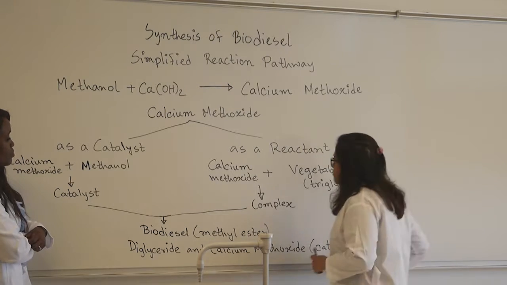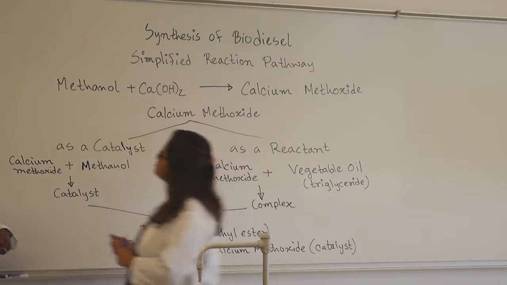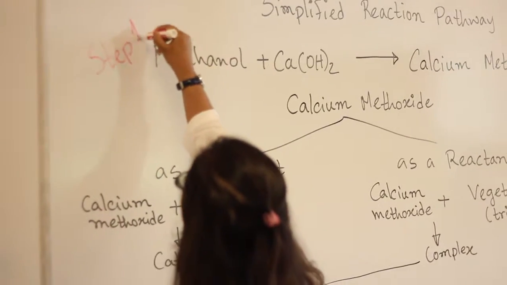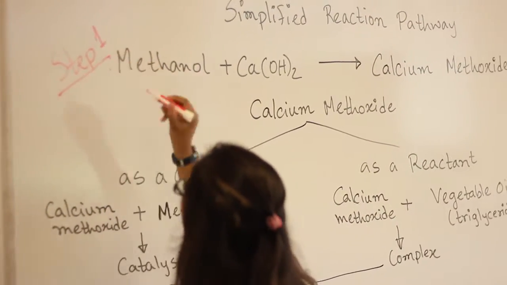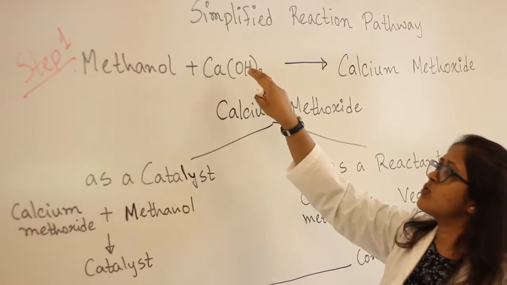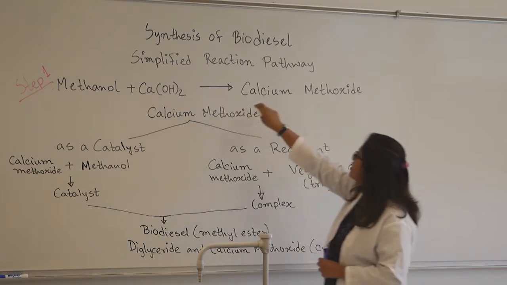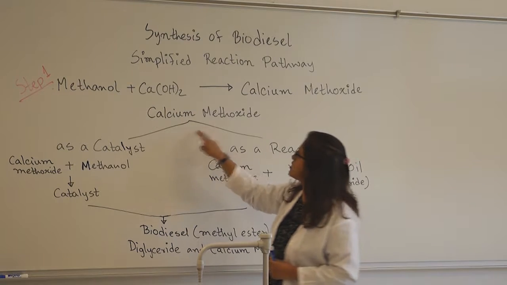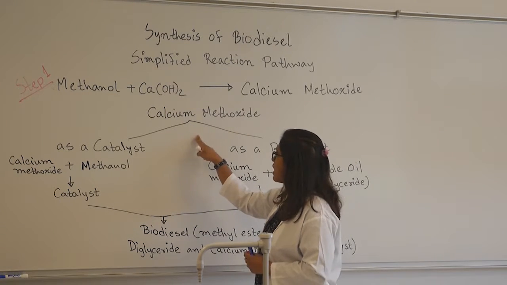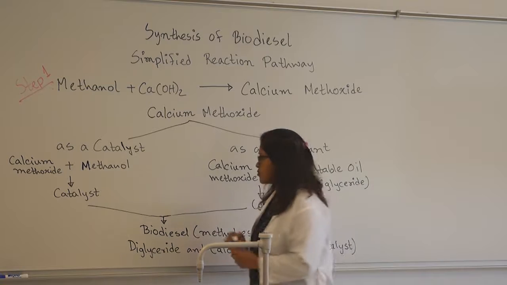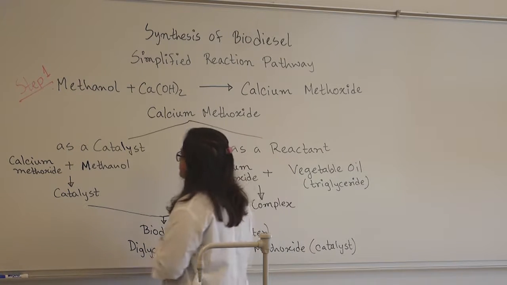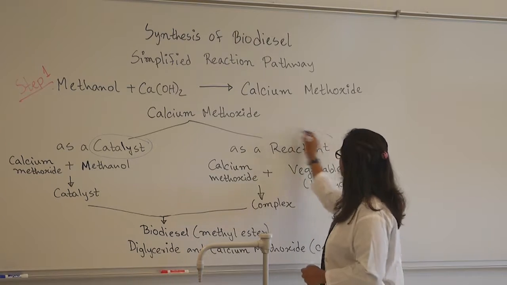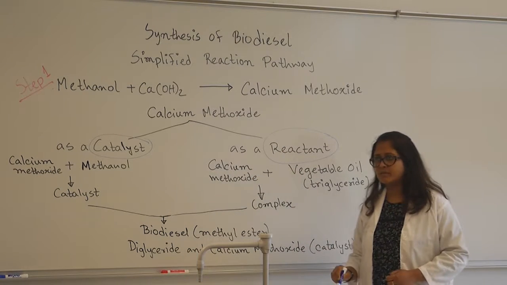In step 1, methanol reacts with calcium hydroxide and produces calcium methoxide. Calcium methoxide in this reaction pathway has two very important roles. One will be as a catalyst, and another one will be as a reactant.